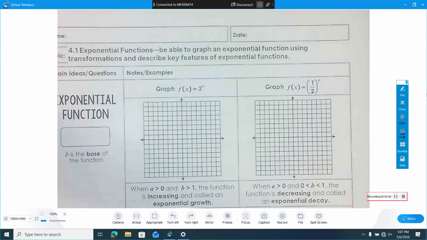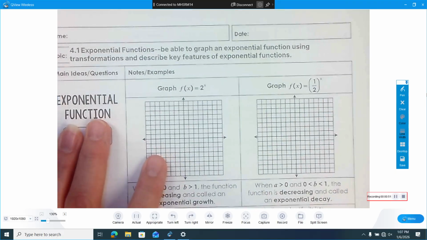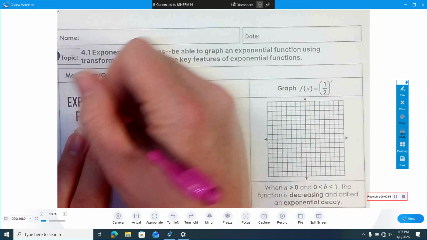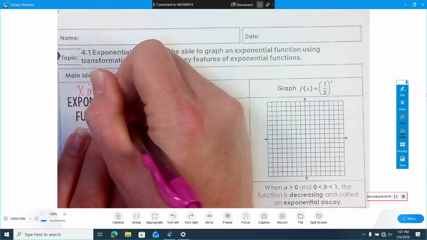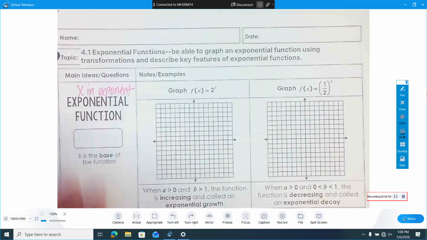An exponential function is when we have an x in the exponent. X in the exponent makes it an exponential function, okay? Say that over and over.